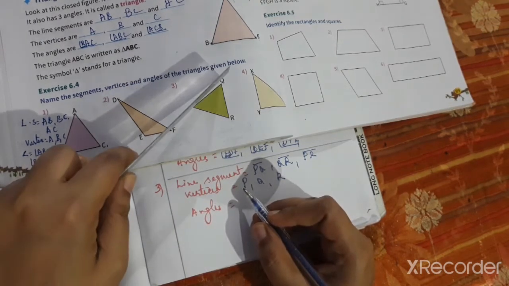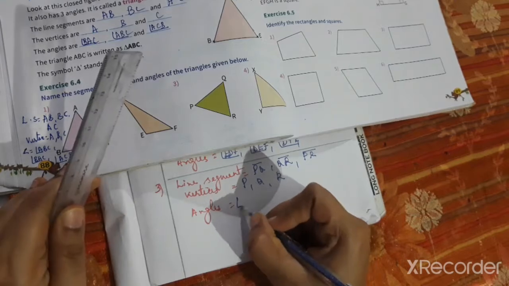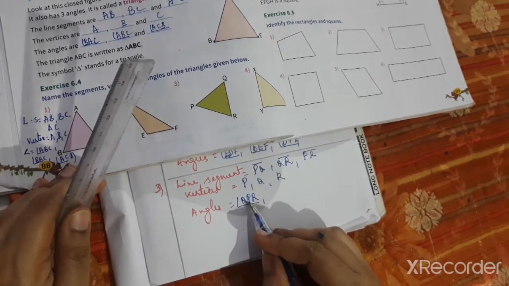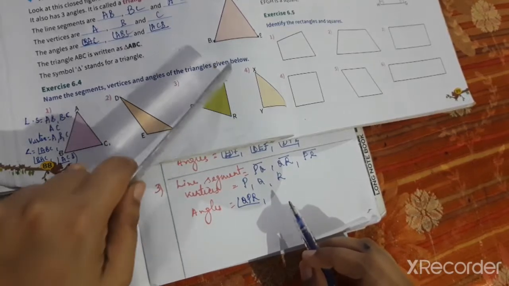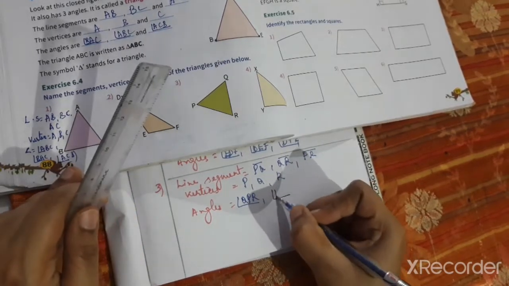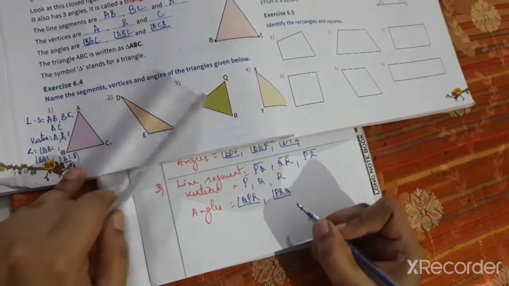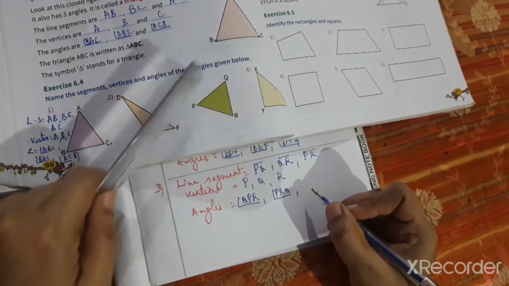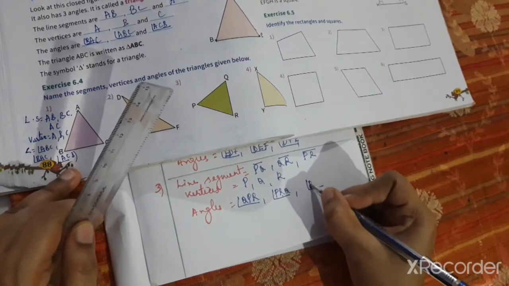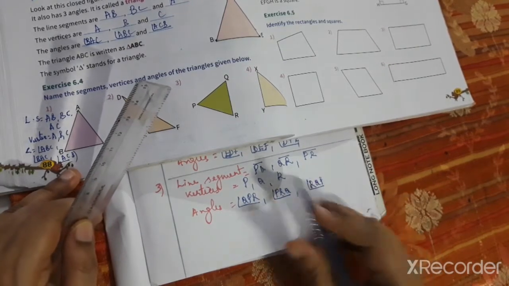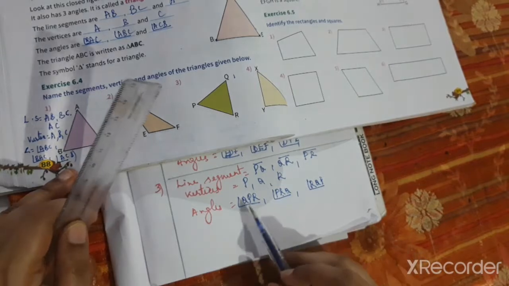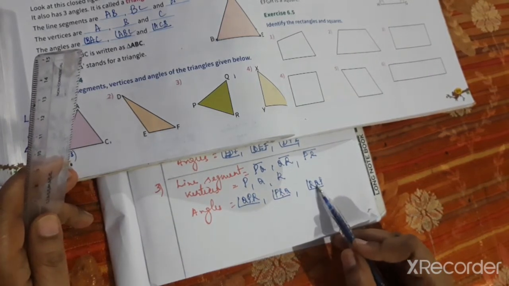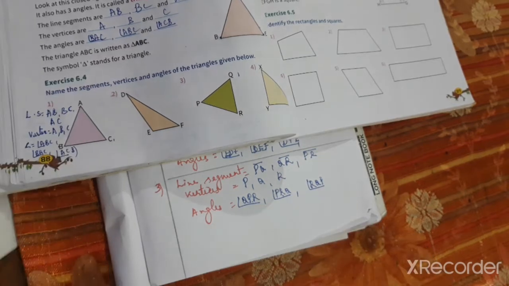So QPR means P is the angle here. Then PRQ means R is the angle here. RQP means Q is the angle, the vertex.